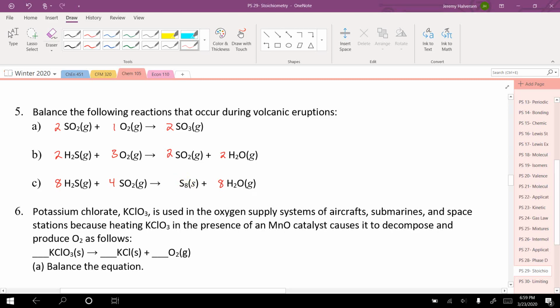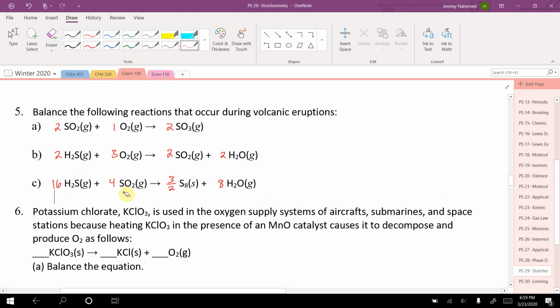So if I want 12 sulfurs here, that would be 12 over 8, which is the same as, hold on, 12 over 8 divided by 4 gives me 3 over 2. To get rid of that fraction, I just double everything.